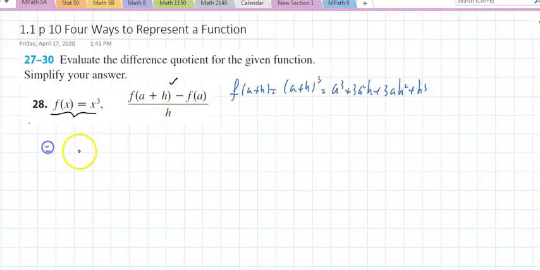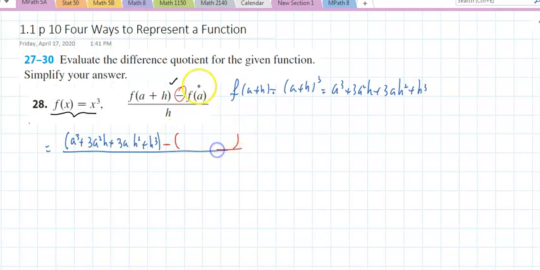So if I substitute accordingly what each of those are, this first piece would be a cubed plus 3a squared h plus 3ah squared plus h cubed minus, if I look at what f of a is, well, f of a is simply, wherever you see an x, replace an a, that's a cubed, all over this h.